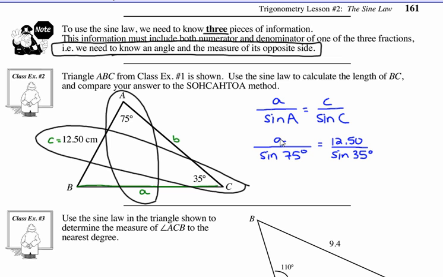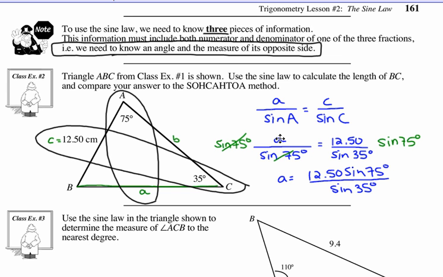And all you need is one step here. Why? We're looking for a. It's being divided by sine 75. So what are we going to do to both sides? Multiply by sine 75. Cancels, and there we go. So a is equal to 12.50 sine 75 divided by sine 35.